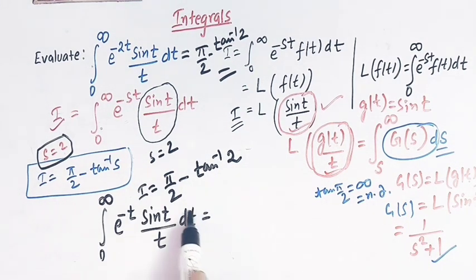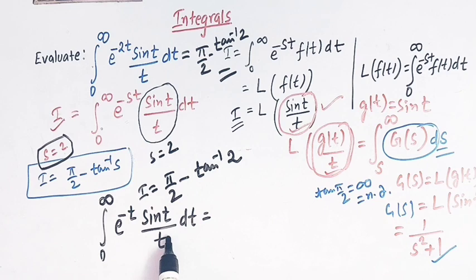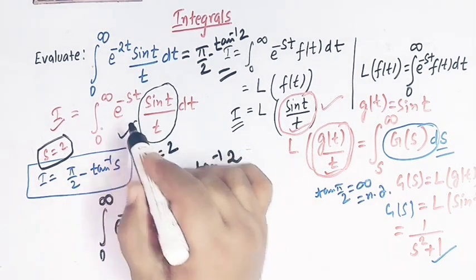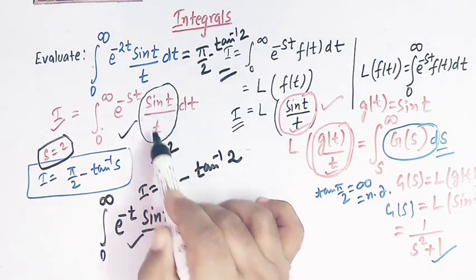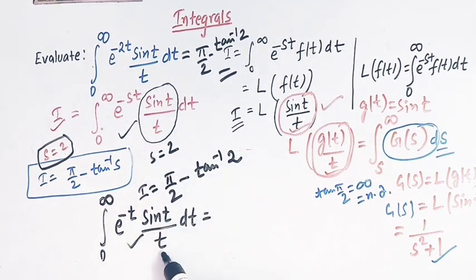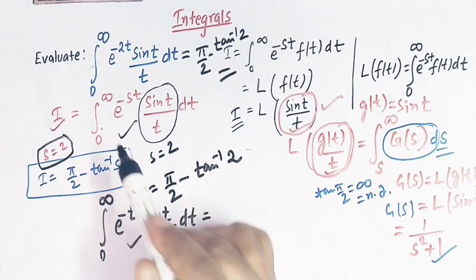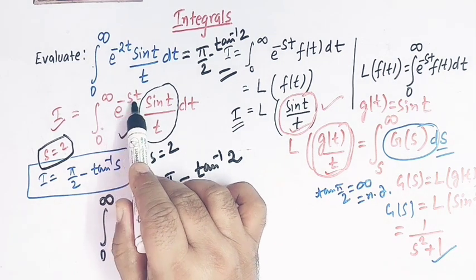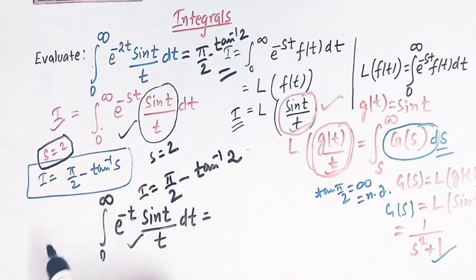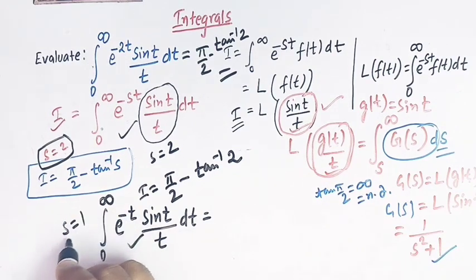Now suppose we have to find the value of this integral. If we compare this integral with this one, here we have sin t over t, and here also we have sin t over t, and here we have e raised to minus t, and here we have e raised to minus st. So the value of s is equal to 1.